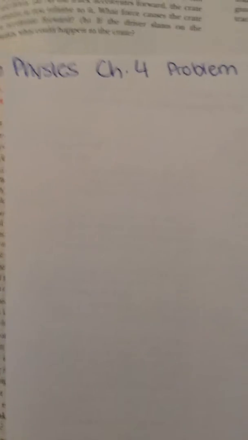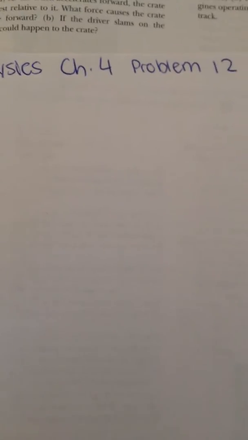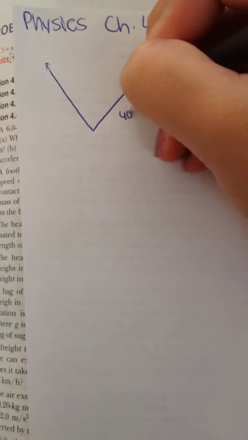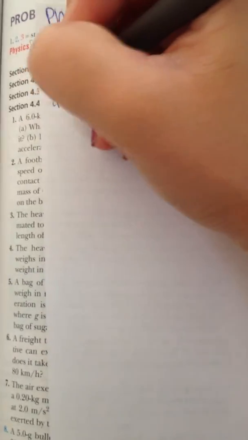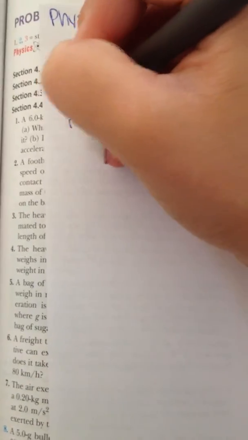Ignore friction. So you start with your drawing, which is basically the same drawing in the book. I'm going to make this force 1 and this will be force 2.